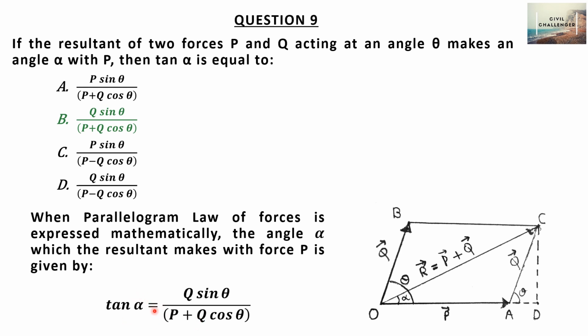So tan alpha is equal to Q sin theta divided by P plus Q cos theta. So the correct answer is option B. If the resultant of two forces P and Q acting at an angle theta makes an angle alpha with P, then tan alpha is equal to Q sin theta divided by P plus Q cos theta.